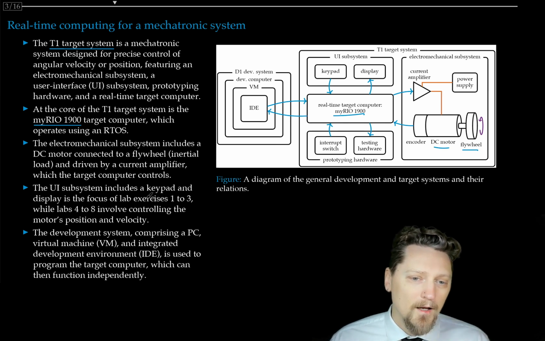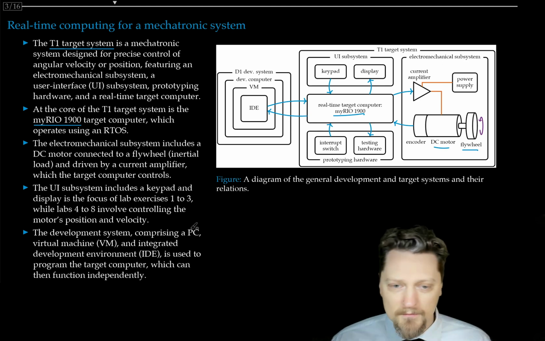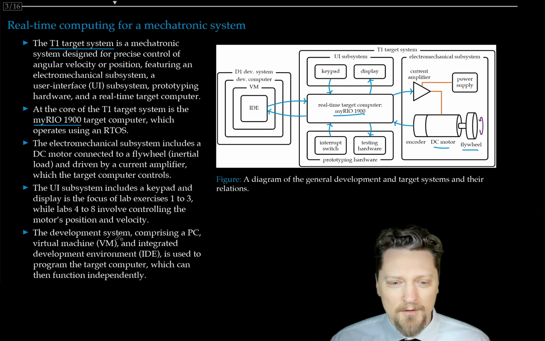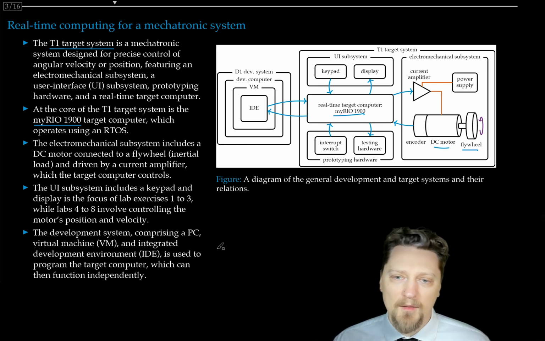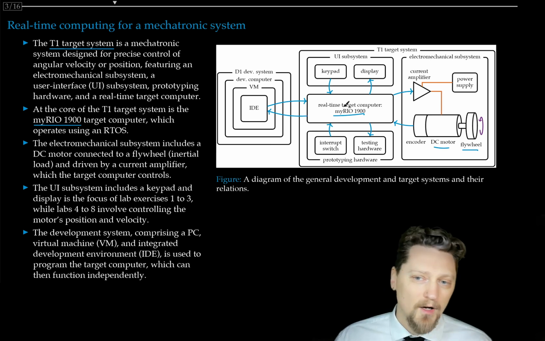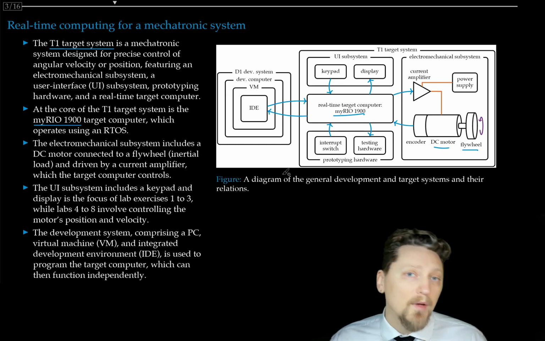So we start off with the keypad and display and move on to the amplifier and the motor. The development system, comprised of a PC, a virtual machine, and an integrated development environment, is used to program the target computer, which can then function independently. So once you've finished your programming tasks, you can disconnect this and the target computer will run the program independently. So that's the idea.